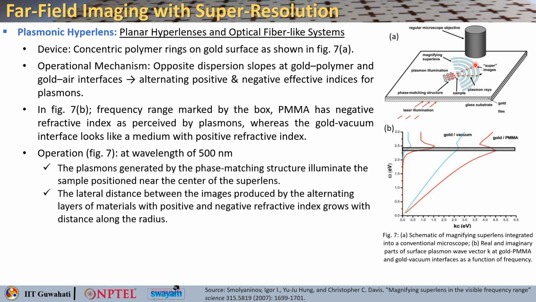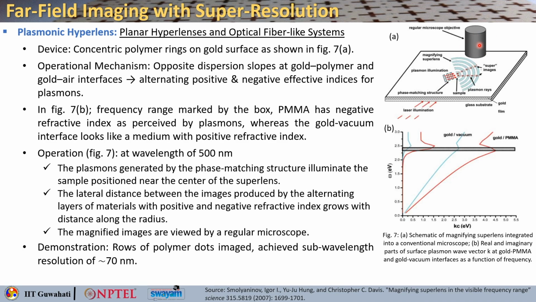These are called the super images of these two samples, and that can be picked up by a regular microscope, right. So, this is a demonstration of polymer dots which were imaged, okay, and they could achieve sub-wavelength resolution of 70 nanometer.